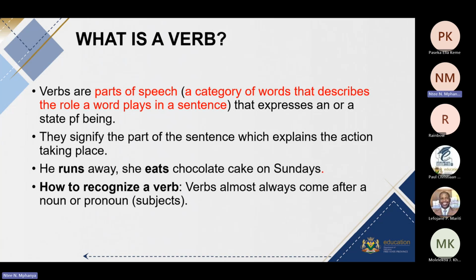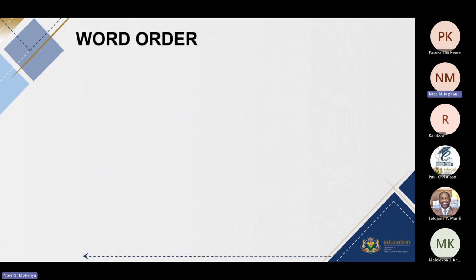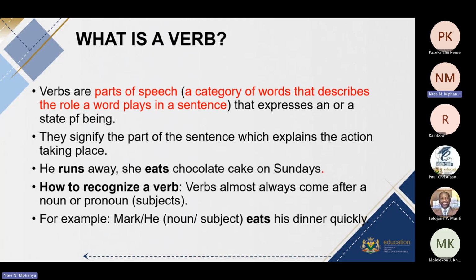Then, how to recognize a verb? Verbs almost always come after a noun or a pronoun. Almost always, not always, almost always. For an example, Mark or he eats his dinner quickly.